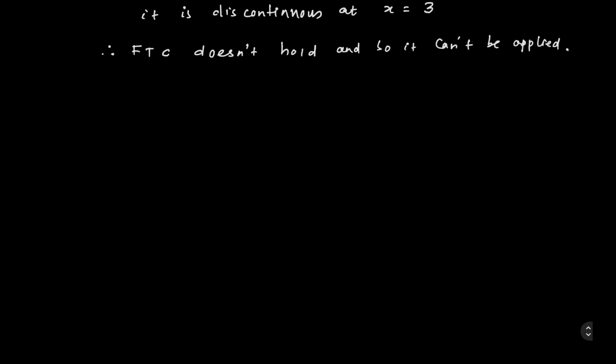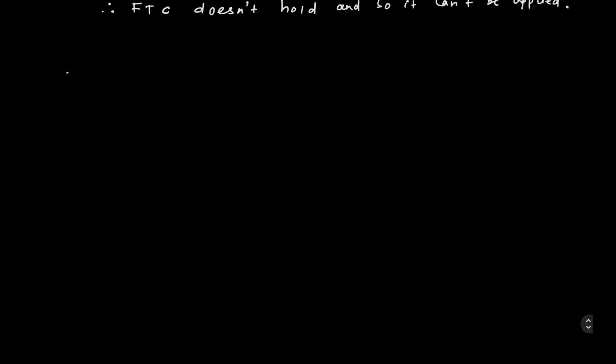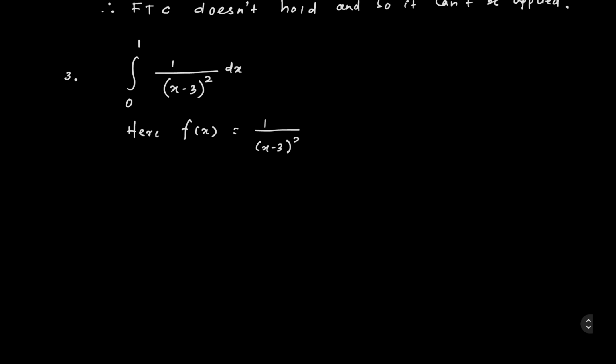So now let's see one more question on this. Question number 3. Say the integral from 0 to 1 of 1 over x minus 3 whole square dx. So here you can say f of x equals 1 over x minus 3 whole square, a equals 0 and b equals 1.